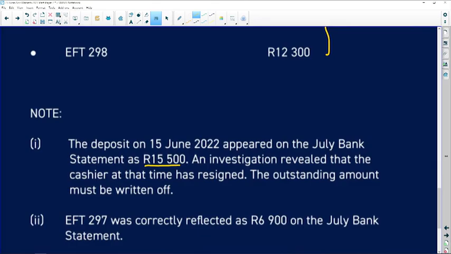So in terms of the July bank statement, they received 15,500. We then investigated, and obviously in terms of the cashier who's no longer with the business, it seems as though she recorded in our CRJ a deposit of 19,500, but she only deposited 15,500.